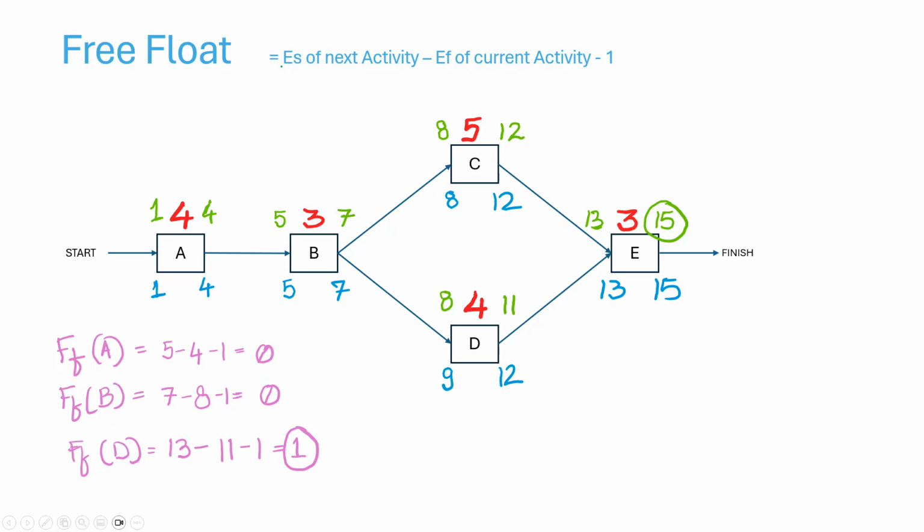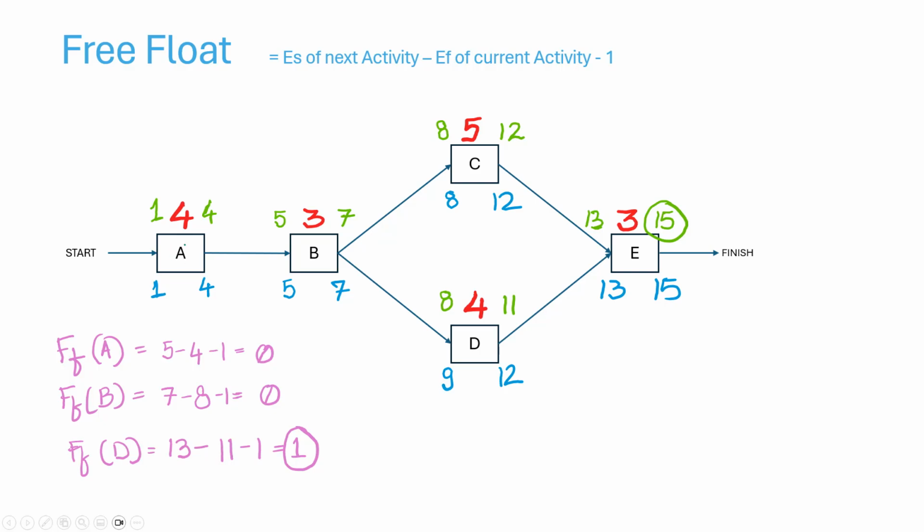There is a simple formula for this, and that is, for any activity, to find the free float, which we can call FF, it is the early start of next activity minus the early finish of current activity minus 1. And let us do this for a couple of tasks so you can understand how this is done.